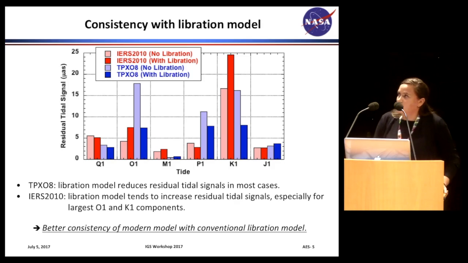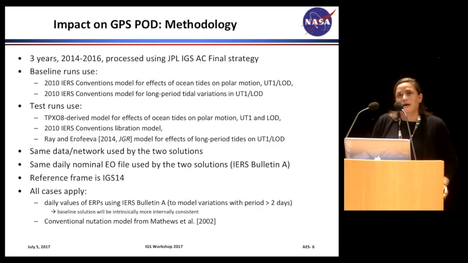So now I'm going to talk about the actual impact of substituting the conventional models with those two modern models on GPS POD estimates. The methodology was that we processed 3 years, 2014 to 2016, using the JPL Analysis Center final strategy.